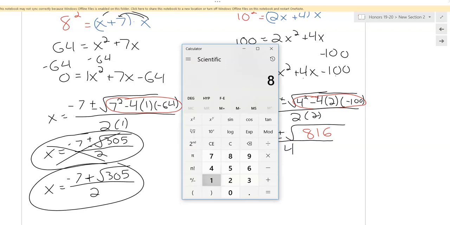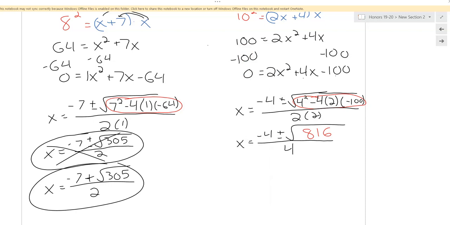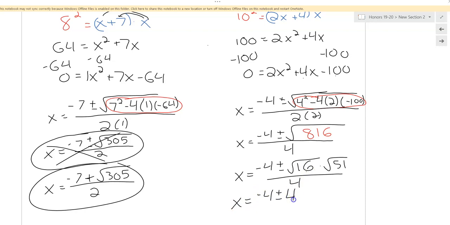So, I'm pretty sure 16 is going to divide into it. And I'm pretty sure that's going to be the highest one that does. So I'm going to split this up. It's the square root of 16 times the square root of 51, all over 4. And that's x equals opposite of 4 plus or minus 4 square root 51.